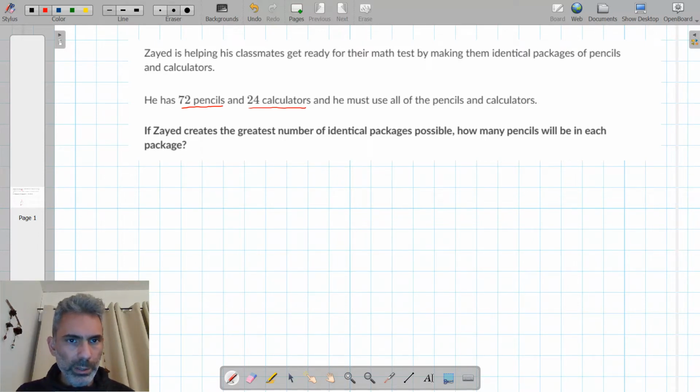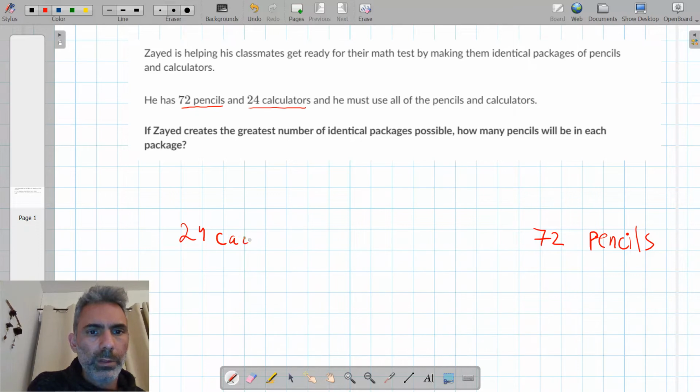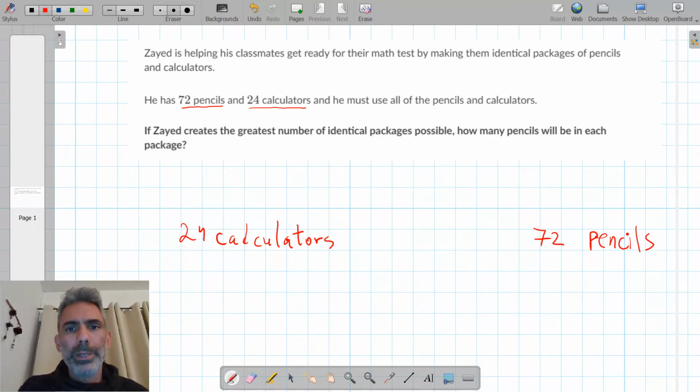If Zaid creates the greatest number of identical packages, so here we have 72 pencils, and here we have 24 calculators. He wants to create the greatest number of identical packages possible. How many pencils will be in each package?